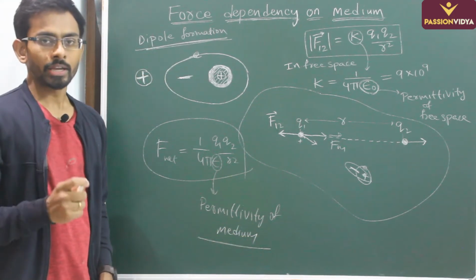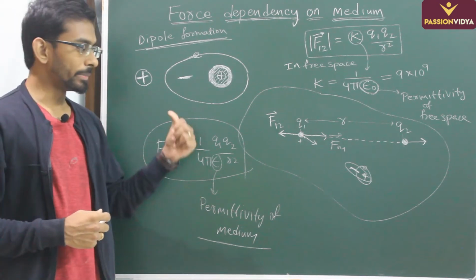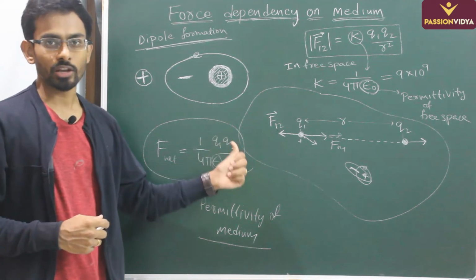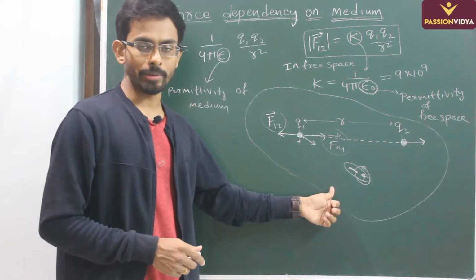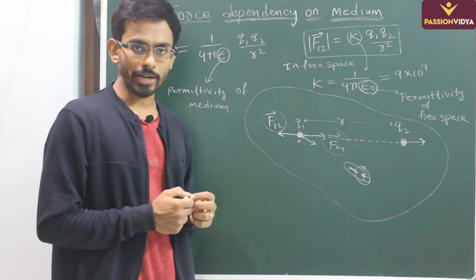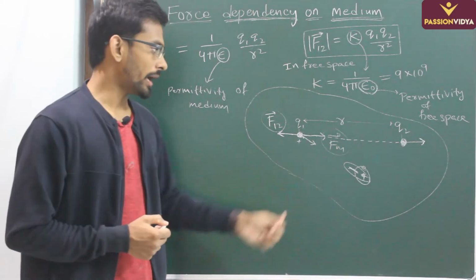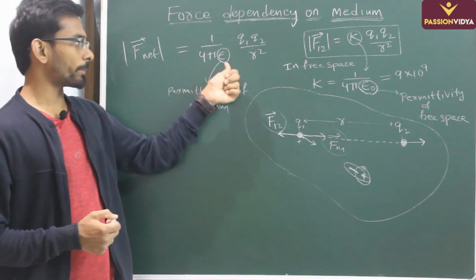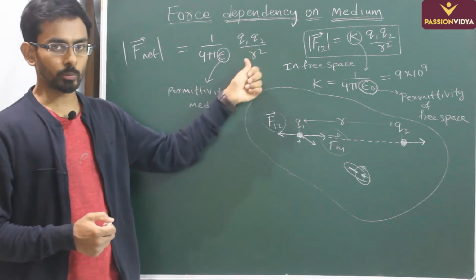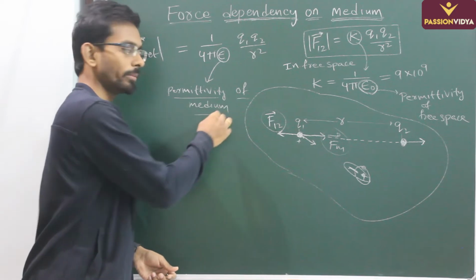Basically, permittivity gives you an idea about how strongly the medium particles get influenced by external charges. So due to polarization of medium particles, the net electrostatic force acting on the charged particles will change, and this net force is given by 1 by 4 pi epsilon into Q1 Q2 by r square, where epsilon is the permittivity of the medium.